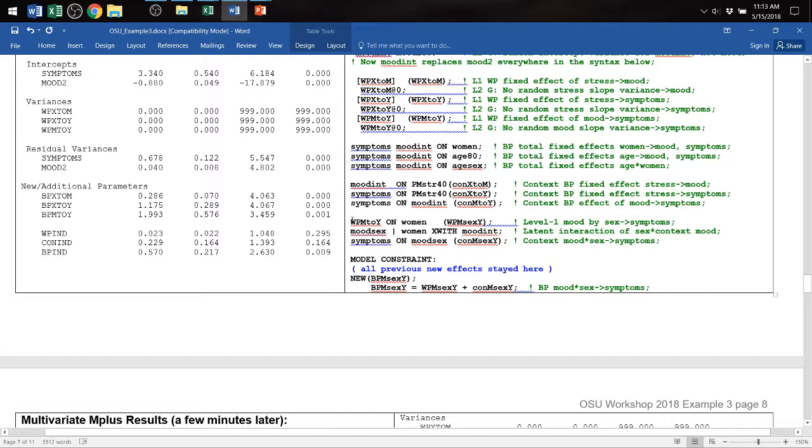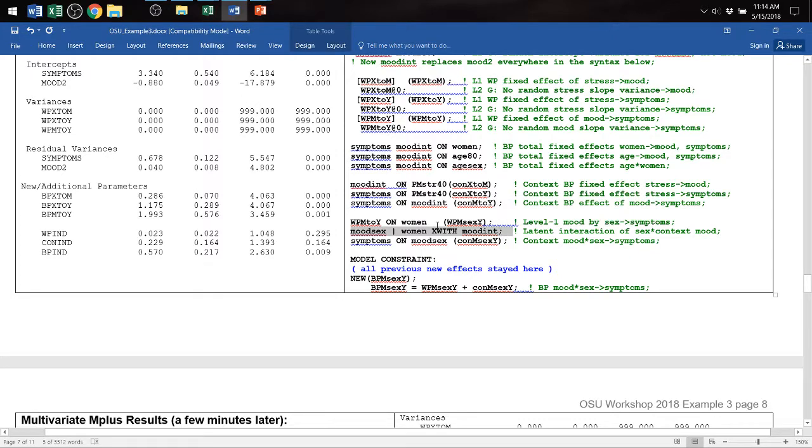So there are 2 interaction terms being added here. This is for the sake of illustration. I am adding first whether or not the M to Y path differs between men and women. That's a cross-level interaction. I can do that using the placeholder for the within-person effect that I created earlier. If I want the analogous effect at level 2, I need the xwidth option right here.